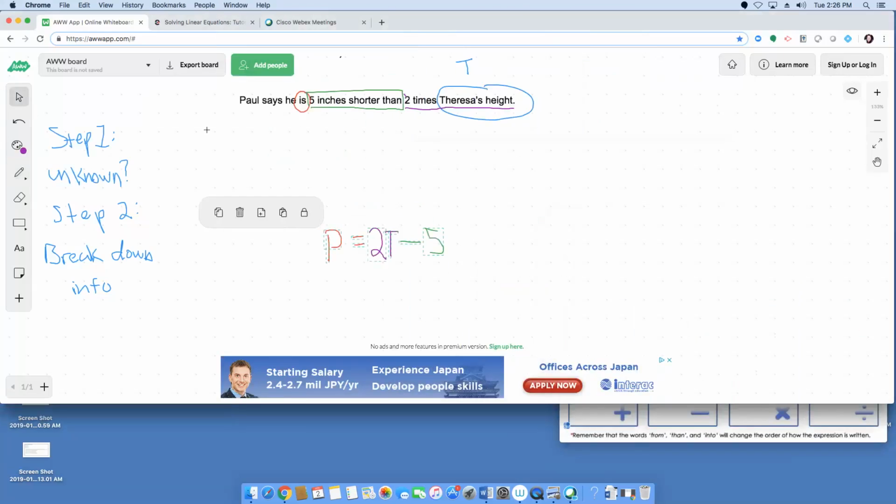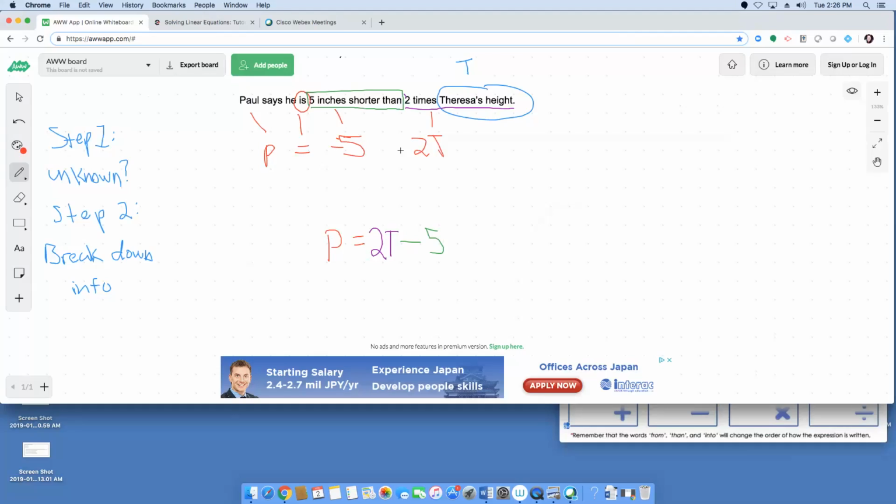So if I were just to write this out, the way I see it, I would say, well, there's a P, there's an is, there's a 5 inches shorter than, so we'll say subtract 5, I guess, and then 2 times Teresa's height, which would be 2t, right?